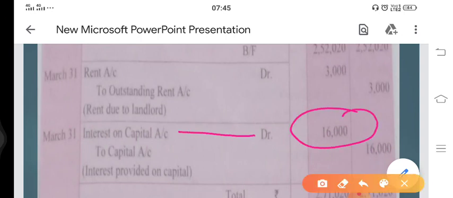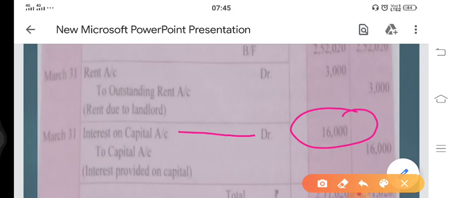Now interest on capital. Just imagine capital is that amount which is invested into business by the businessman. Now the amount which is given to us by the businessman, if we are going to pay interest on that, it's a loss. Since it's a loss, it needs to be debited according to nominal account. So here interest on capital account got debited with rupees 16,000.